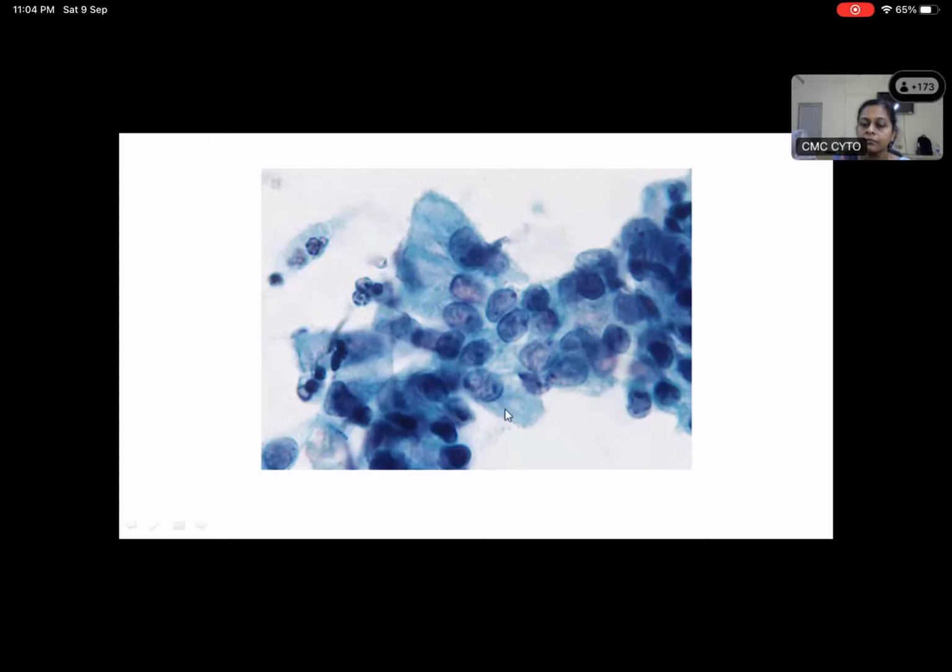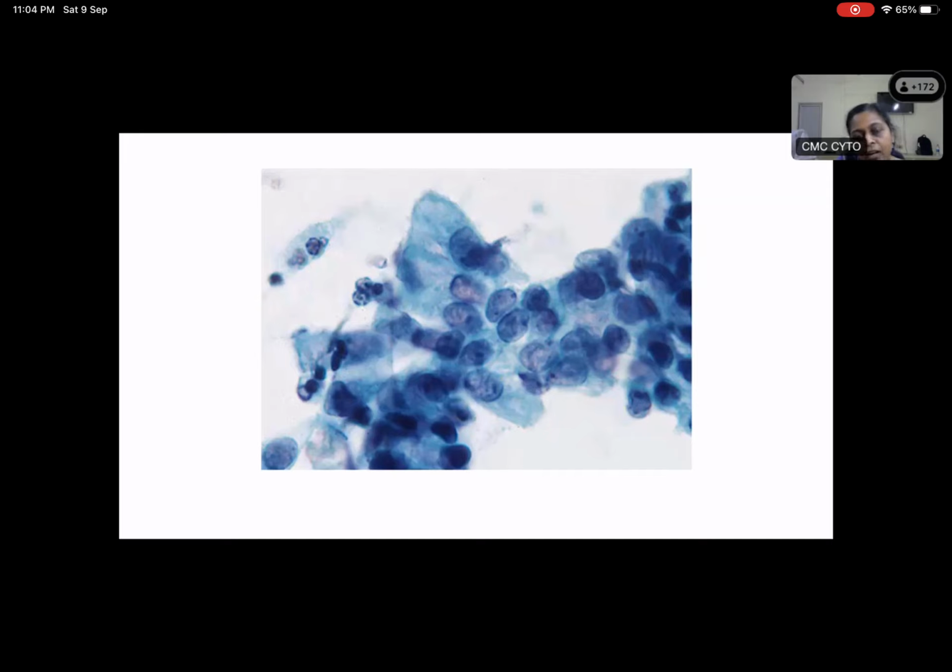This is squamous cells. So you're calling them as squamous cells? Squamous cells, but nucleomegaly is there, ma'am. Anyone else? Are you calling them as squamous cells, all of you? Endocervical cells.